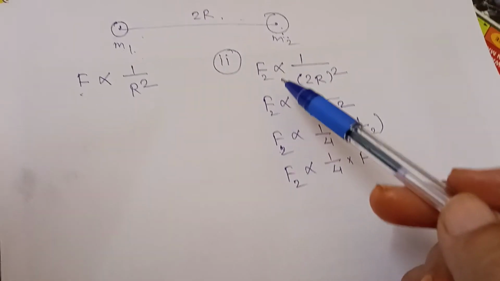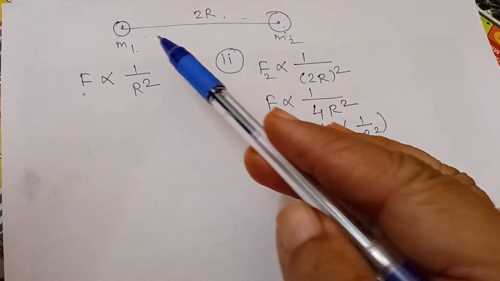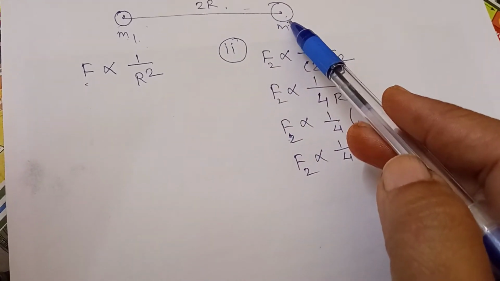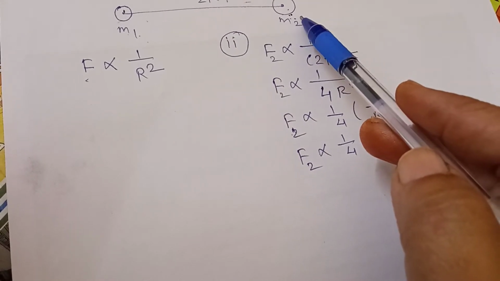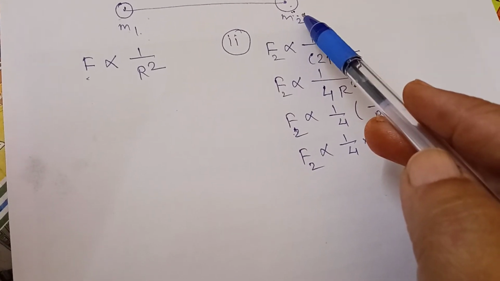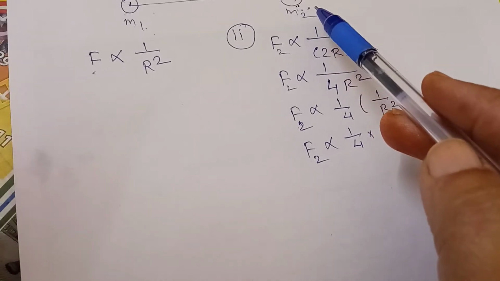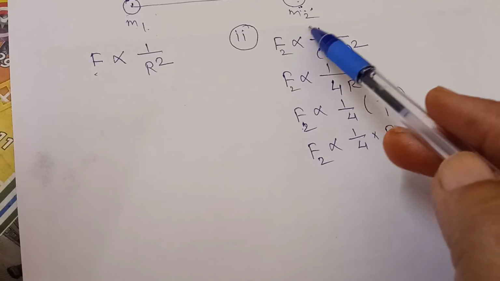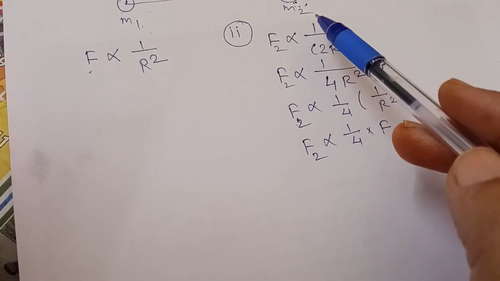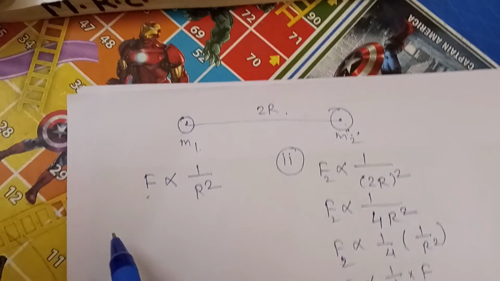From this we can conclude that if we double the distance between the two bodies, then the force of attraction becomes 1/4. This is our conclusion. What is the conclusion?